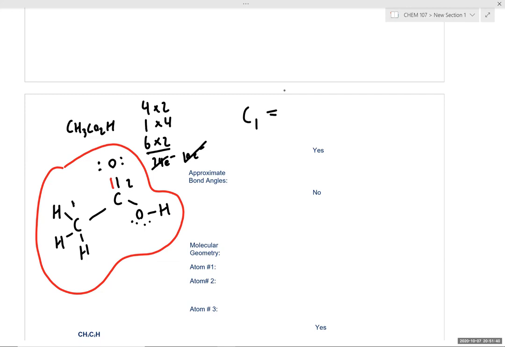Is it tetrahedral? Yep, exactly right. Okay, and carbon 2 with its 3 bonded atoms, what's the geometry on carbon 2? Trigonal? Yep, trigonal planar.